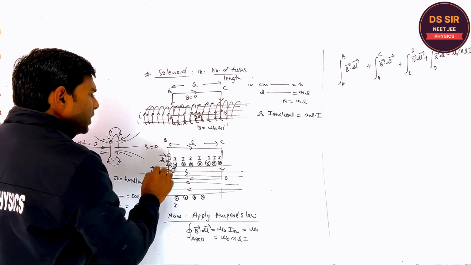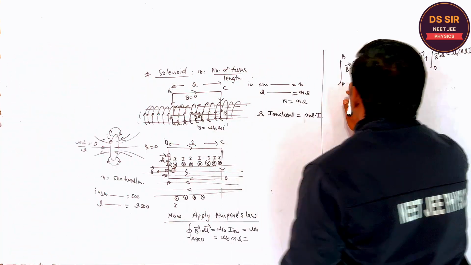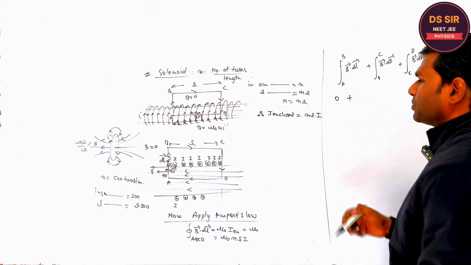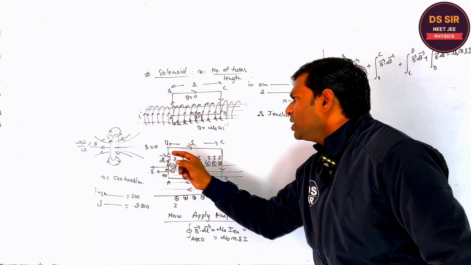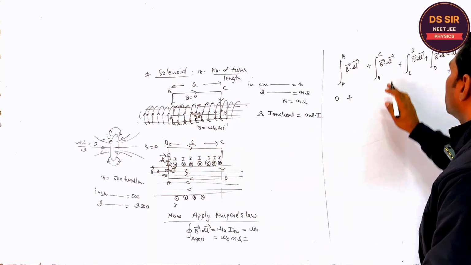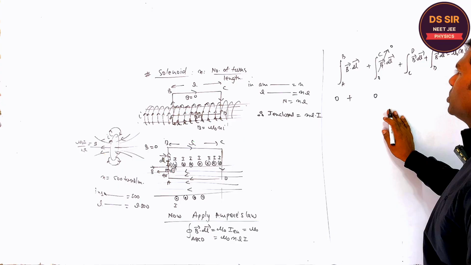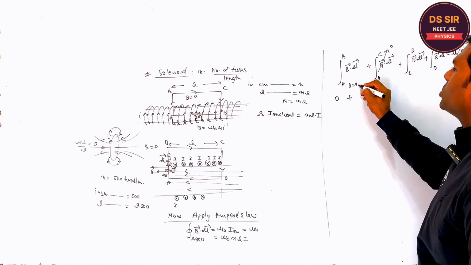So from A to B, if you integrate B dot dl, what answer will you get? Say 0. In the same way, outside, what is the magnetic field? It's 0. Here the angle you can assume to be 90 degree.